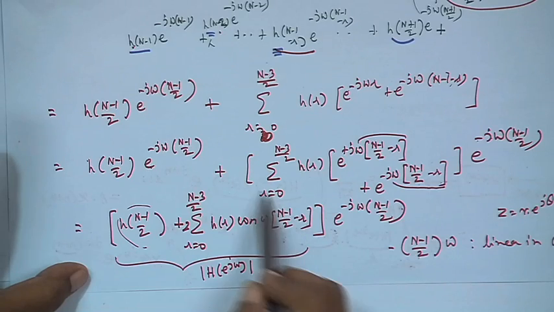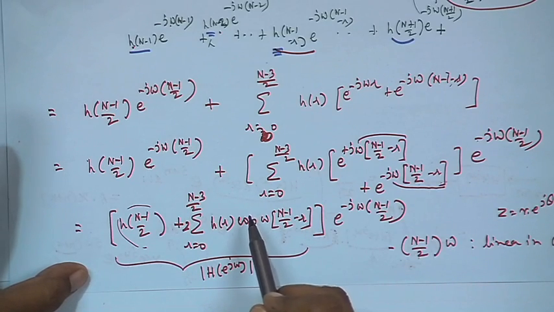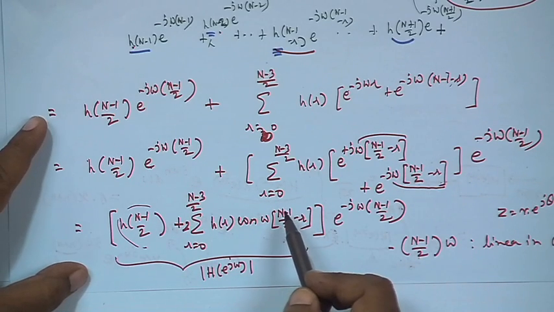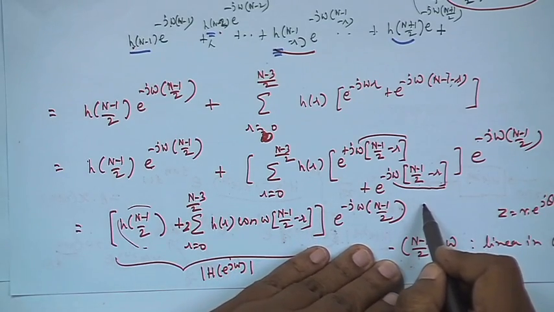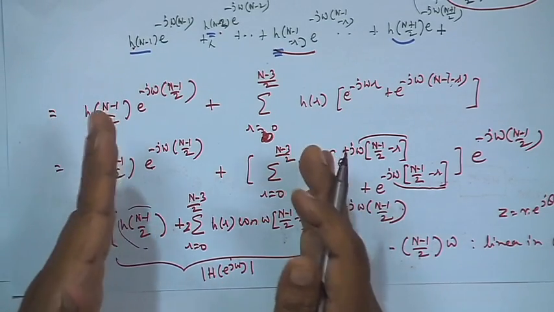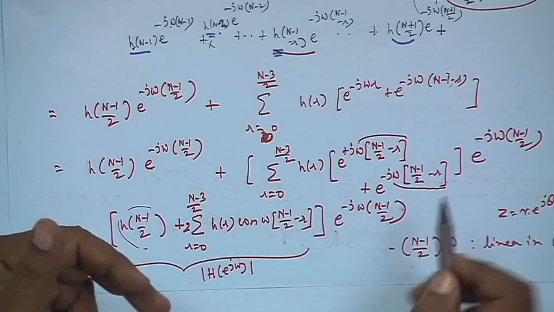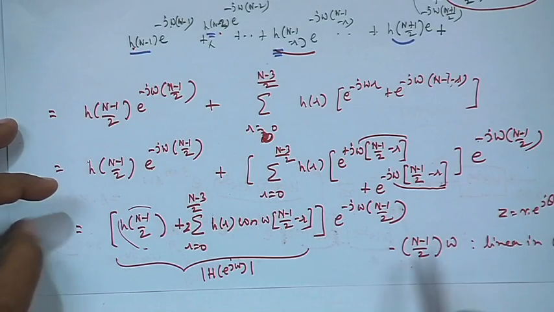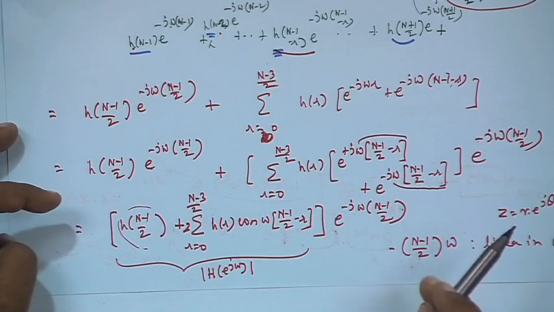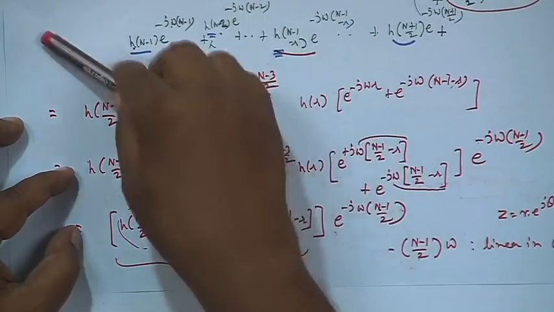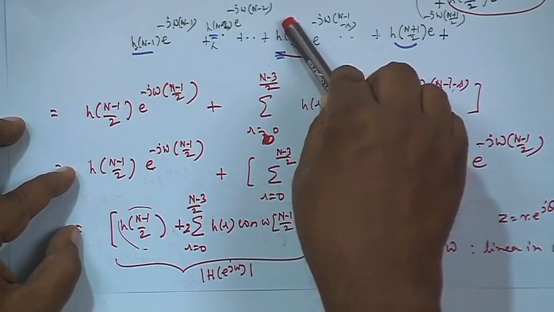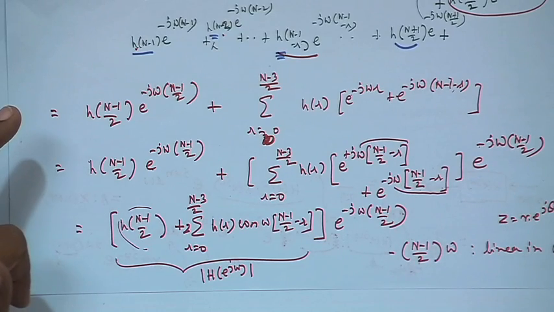If this whole thing becomes negative, then negative means there is a pi phase shift. So definitely at that time e to the power j pi will get added and the magnitude part will remain here. So then phase will no longer be linear there, because a constant thing will get added. Phase was coming down like this, suddenly it will go up by some pi, and again it will start falling. So it will not be linear.